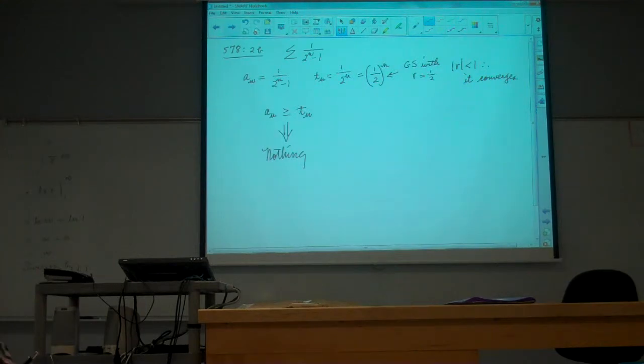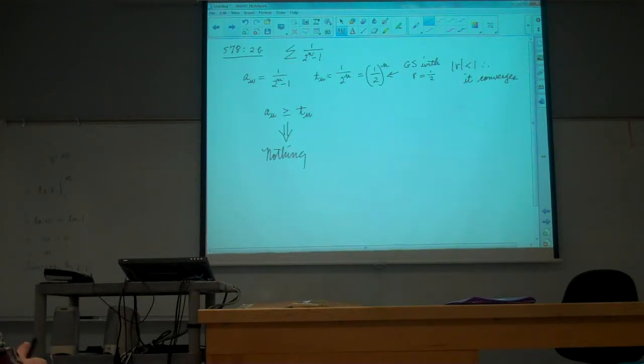But there is a way to integrate 2 to the x, is there not? So what I'm telling you is I could integrate it, but I choose not to. So we proved nothing. Now what?